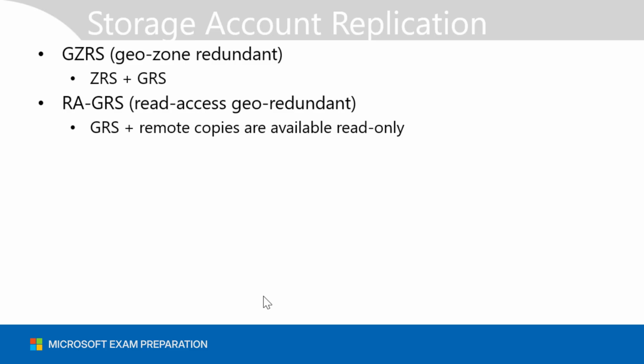Normally for GRS, you don't see the secondary copies. They're only brought online if the primary Azure Data Center goes offline. With RAGRS, the secondary copies are made available for read access. So you could hook, let's say, a report tool to that only needs read access to the data anyway.